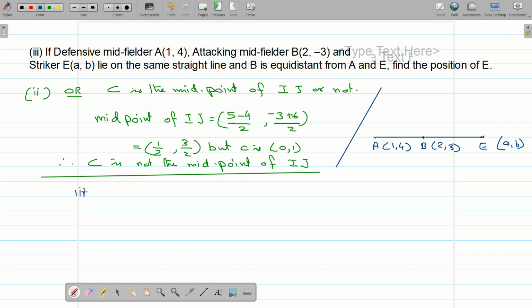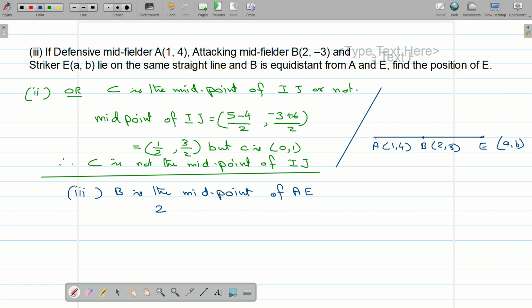Third part: A, B and E lie on the same straight line, and B is equidistant from A and E. That means B is the midpoint of A and E.